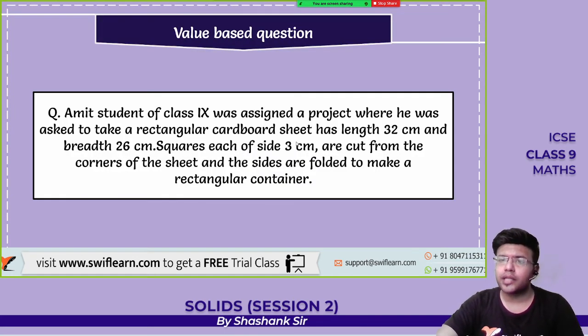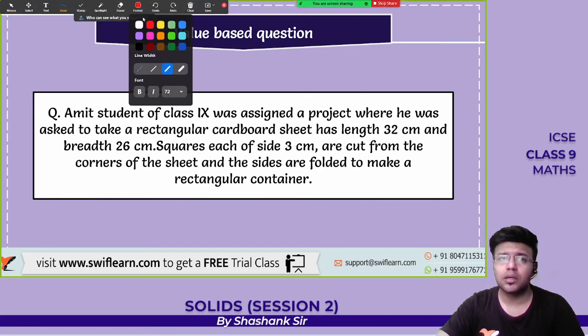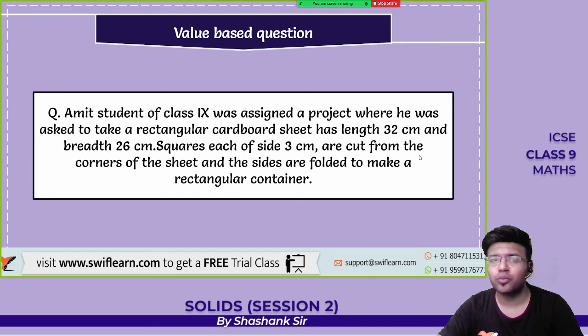Okay, the next question. Amit, a student of class 9, was assigned a project where he was asked to take a rectangular cardboard sheet which has length 32 centimeter and breadth 26 centimeter. Squares of each side 3 centimeter are cut from the corners of the sheet and the sides are folded to make a rectangular container.